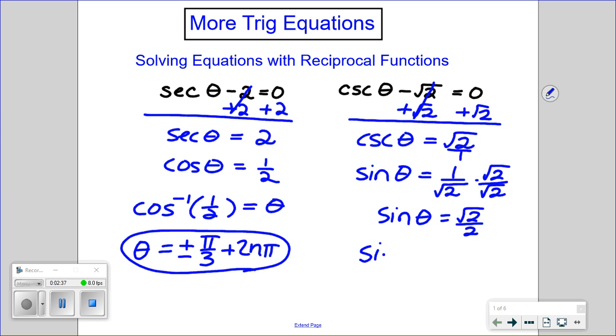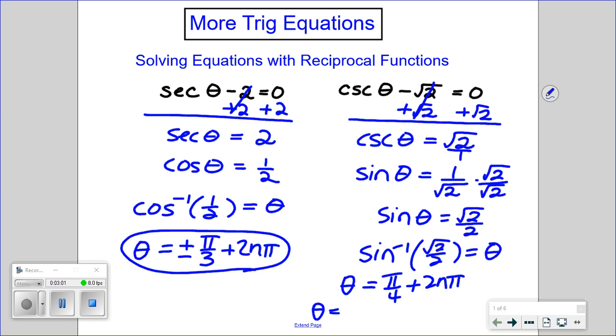All right, and then we'll use our inverse trig function to solve for theta. And then we'll think to our unit circle, where is sine equals square root of 2 over 2? That would be at pi over 4 plus 2n pi. And then we also have another angle if we do pi minus pi over 4.